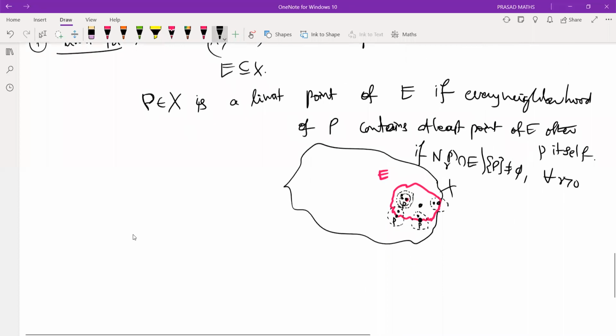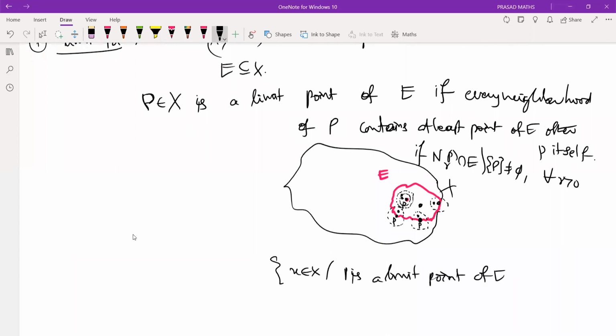Such points that you take in a set, that is what is actually called the derived set. Such a collection of limit points of a set is nothing but the derived set, which is denoted by D of A, and in Rudin it is denoted by E prime.